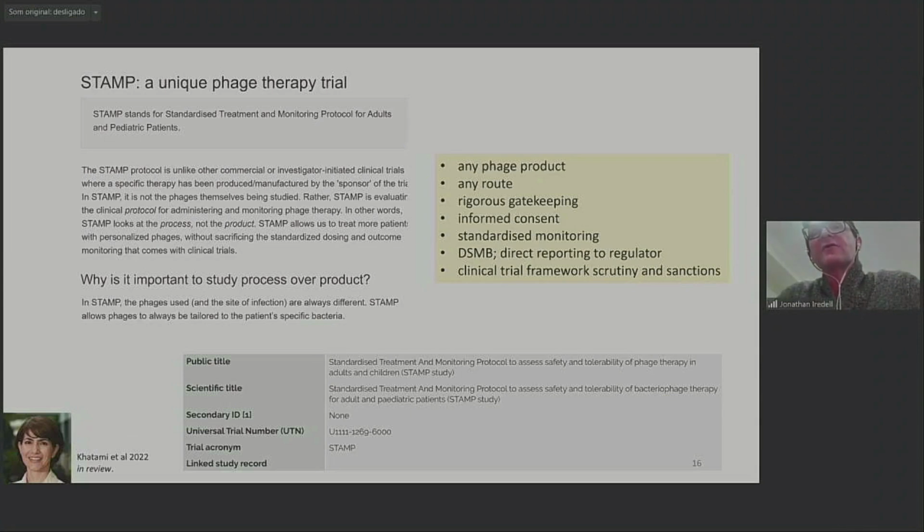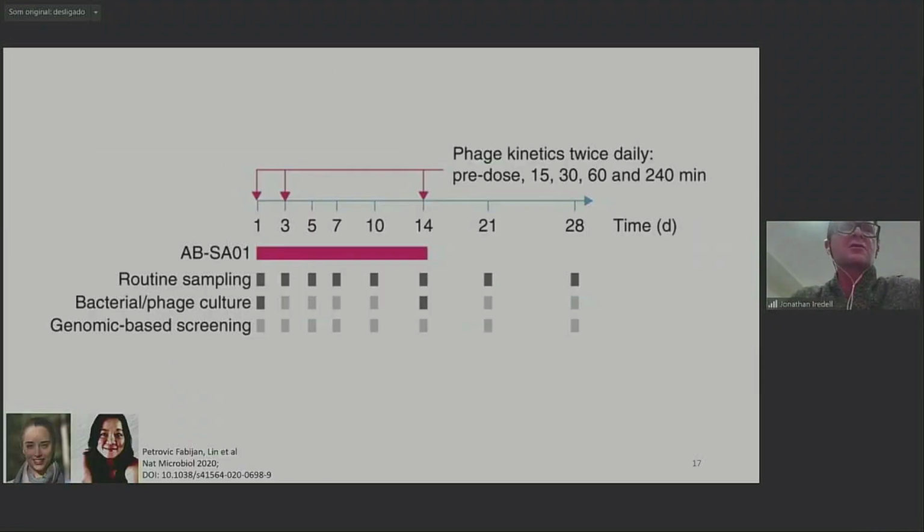And then you have to undergo a standardised monitoring protocol under informed consent, and all the data is directly reported to the regulator. So this gives us a mechanism whereby any physician can use rescue therapy and still sit inside a clinical framework.